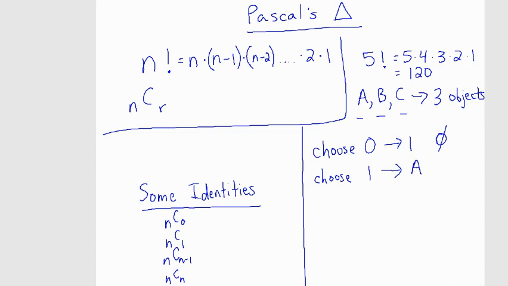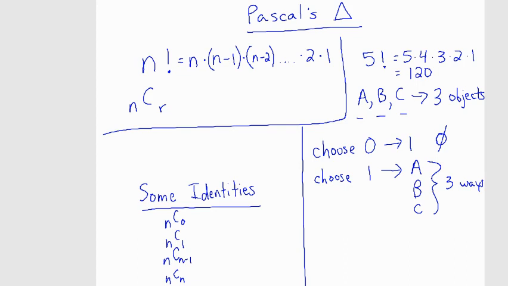I could choose B. That's another way of choosing one object. So I'm choosing A or B, but I'm not choosing both, in which case the last option would just be to choose C. So there are a total of 3 ways. And I've listed them all out. The only way to choose one is to select one of the 3 objects. And there are 3 objects, so there are 3 ways.